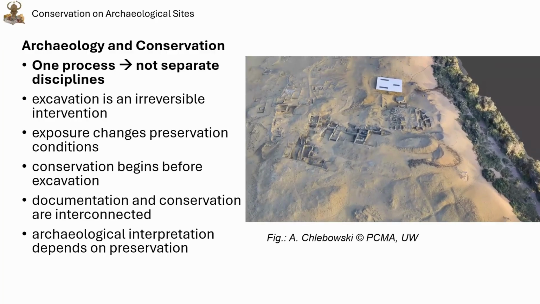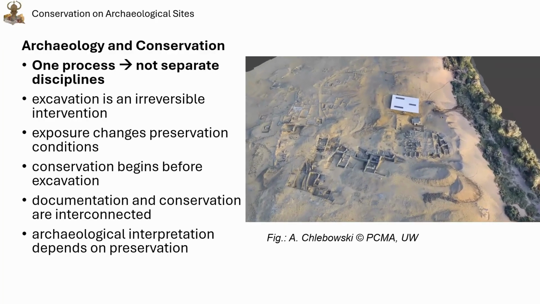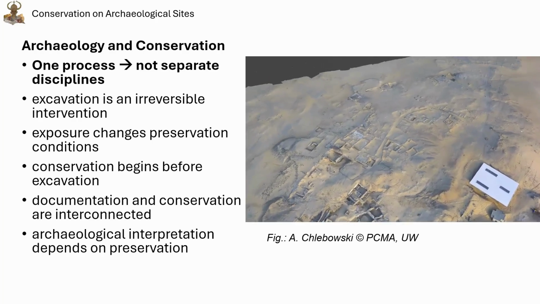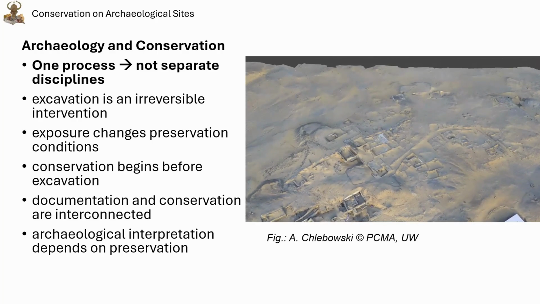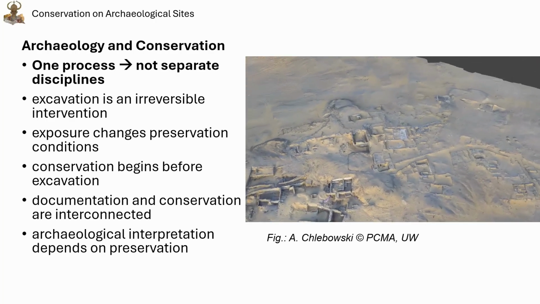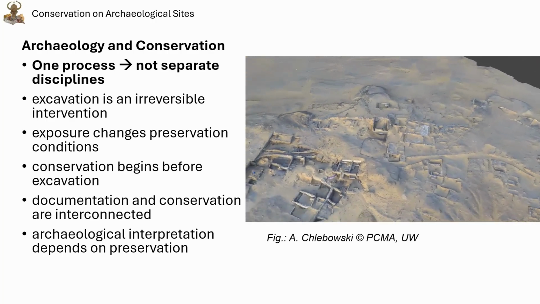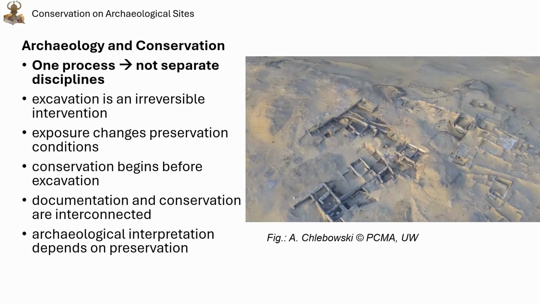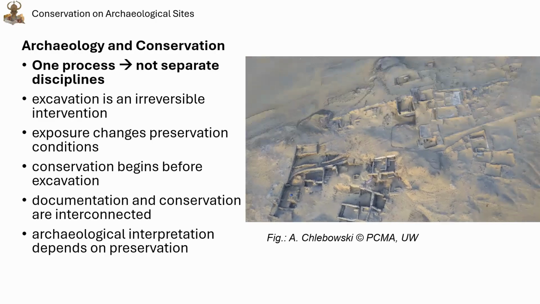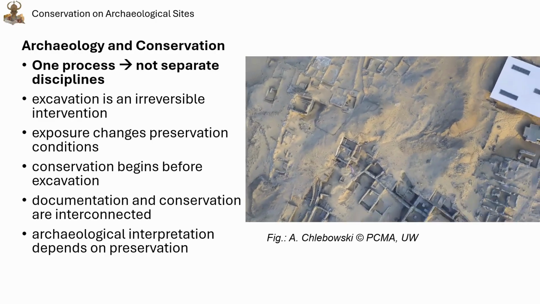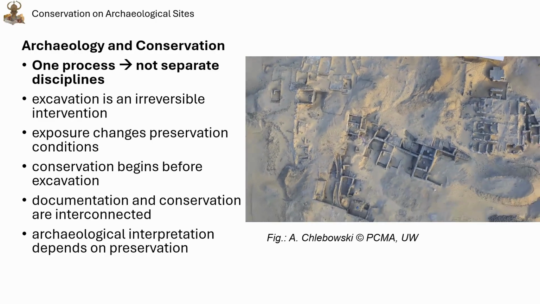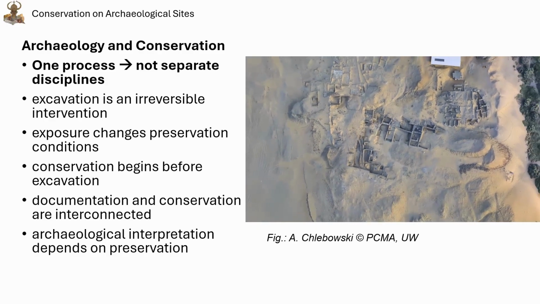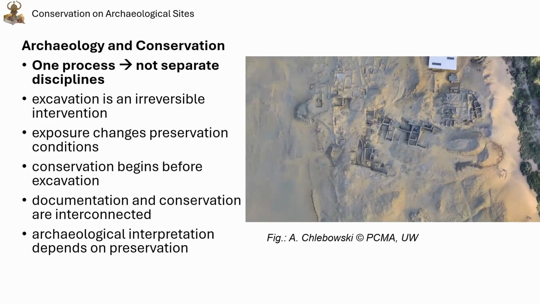At archaeological sites, especially in Sudanese contexts, conservation is not limited to restoration or treatment. It's a broader process involving excavation strategy, documentation, stabilization, environmental understanding, maintenance, and, what is really important, long-term management.